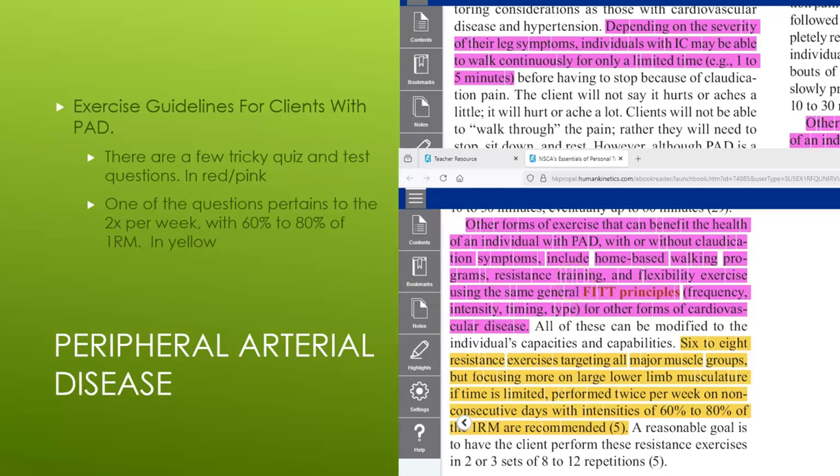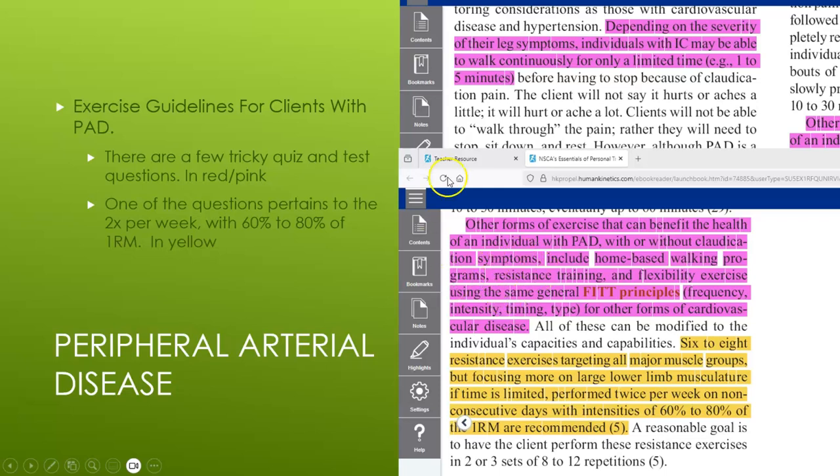So are we talking about with symptoms? Are we talking without symptoms? Depending on the severity of their leg symptoms... Oh my goodness, it's dizzying. Is it with or without?